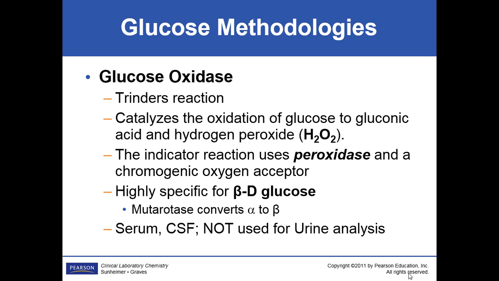Remember when I was talking about the 3-dimensional aspects, the left and right and top and bottom, D and L and beta and alpha? It is highly specific for beta-D-glucose. So you might have some alphas and L's, and it's not going to pick those up. We found if we added mutarotase to them, it will convert the alphas to betas.